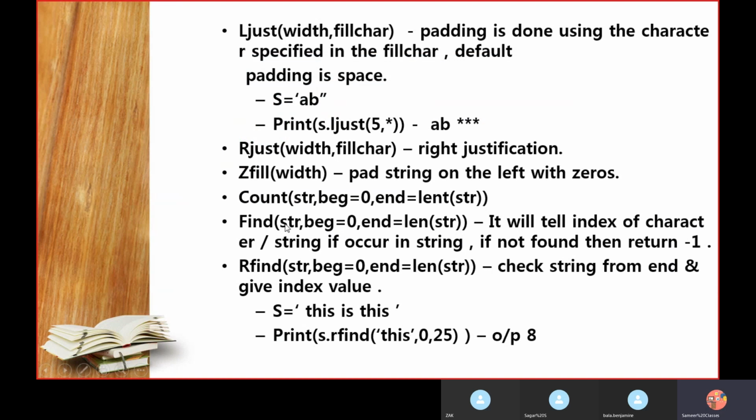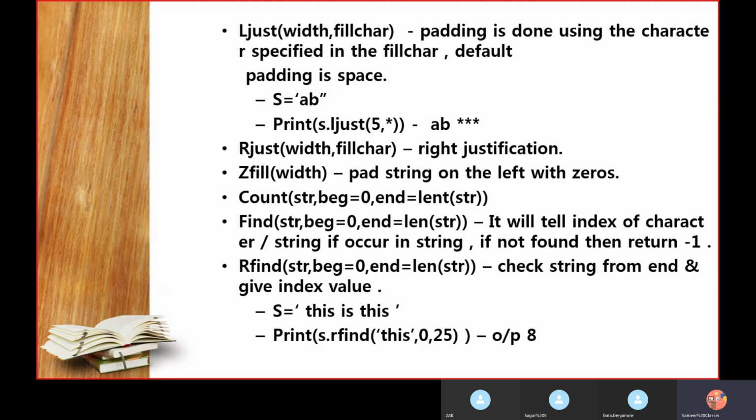For that I need to write the find method, so I'll write str1 dot find and a particular a, from which index value to which index value you need to check. So it will tell the index of the character or string if it occurs in the string. If that particular character or string is not present in the string, what will it do? It will take the first character only.